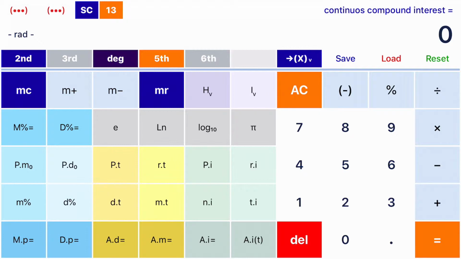Okay, and to illustrate how to use it, I'm just going to do an example. Let's say that a sum of $1,000 is invested at an interest rate of 12%. That is the problem.